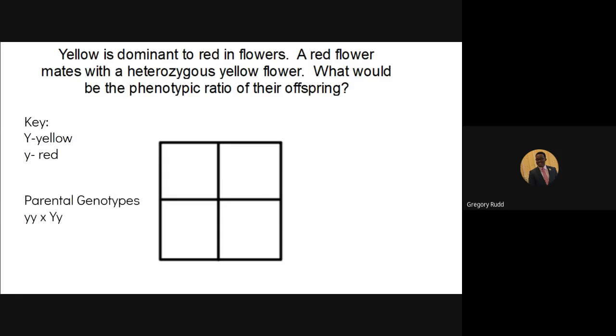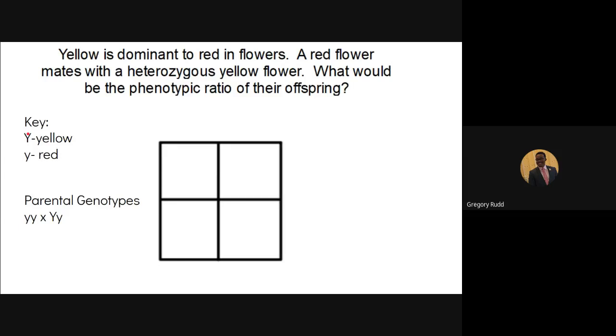Okay, yellow is dominant to red in flowers. So we make our key. We're going to use the letter Y, not the letter yellow. I need to go back to elementary school. We're going to use the letter Y to represent the alleles here.